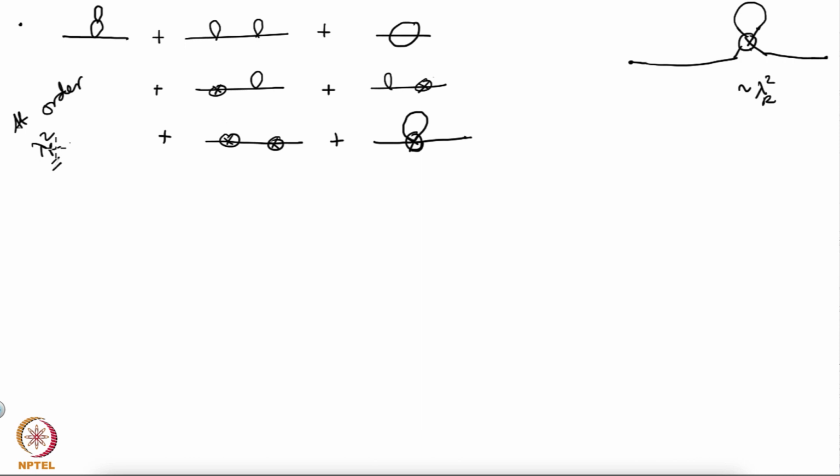So I have already done the 2-point function, already renormalized by choice of Z_m and Z_λ. Now let's go to the 4-point function.